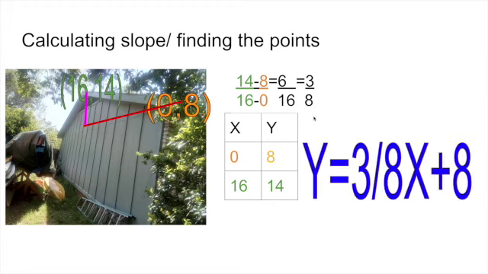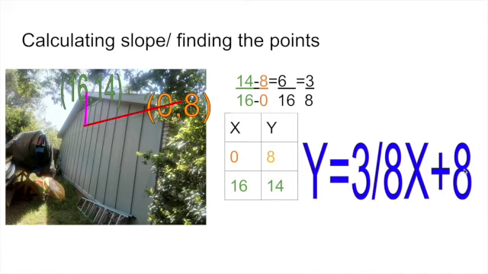And actually, if I want to write the equation of this line, y, my dependent variable, is equal to 3/8, my slope, x, which is my independent variable, the number of feet we've gone across the roof, plus 8.